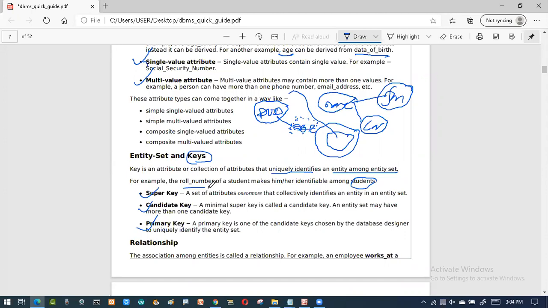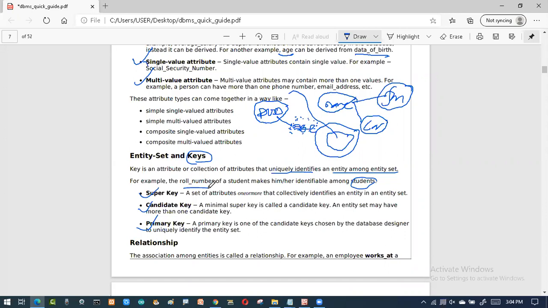If I say 191431501, then 143 tells me it belongs to the commerce department. The 19 says this person joined in the 2018 batch, the 19 to 22 series. So I identify based upon the numbers.